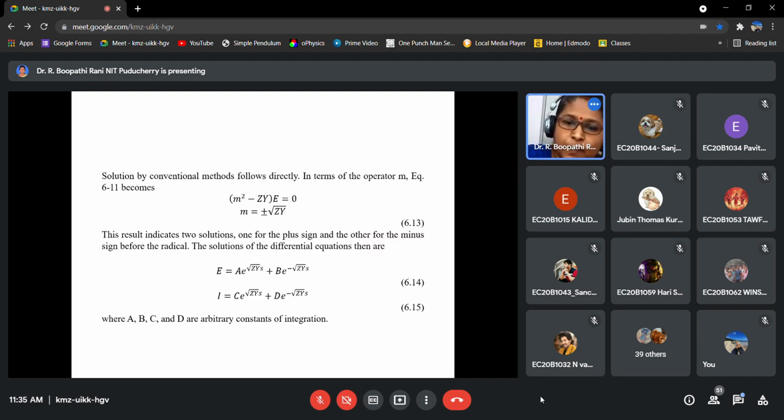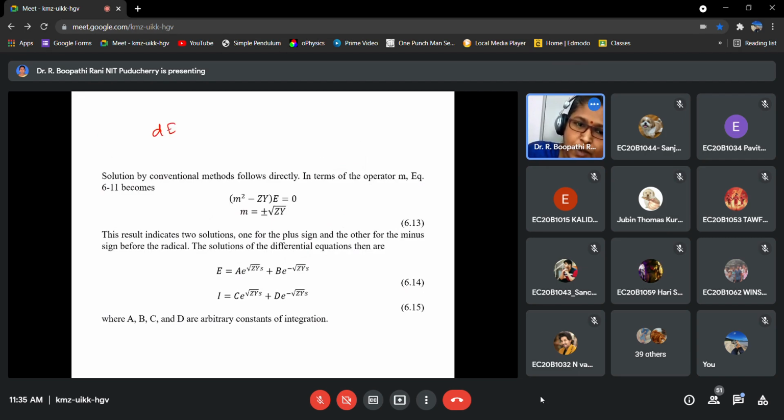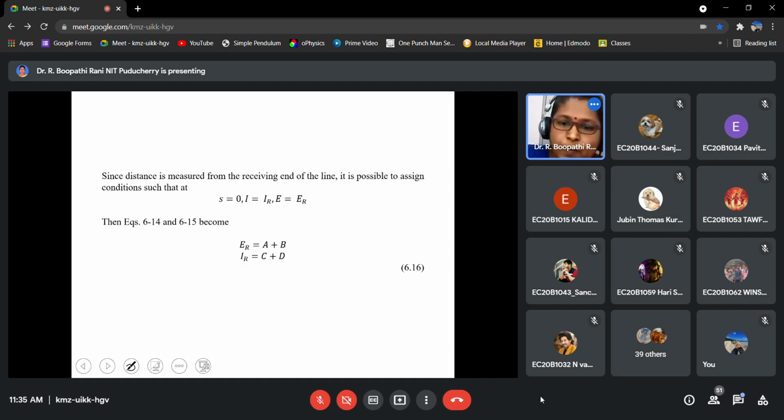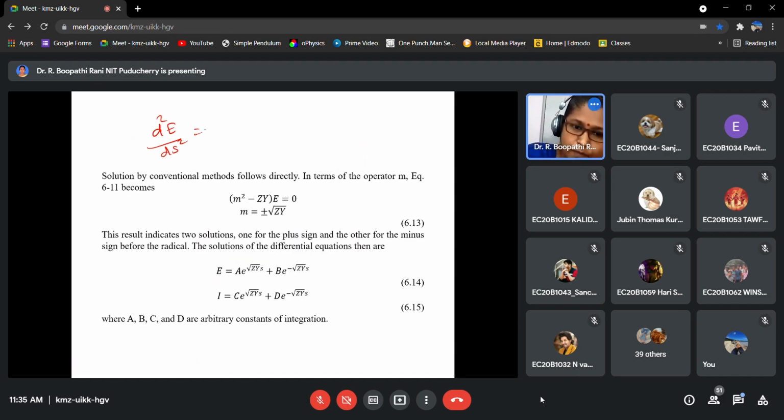So we have d squared E by ds squared equal to Zye. To get the solution, we write d squared by ds squared as m squared, so m squared minus zy multiplied with e equal to 0.